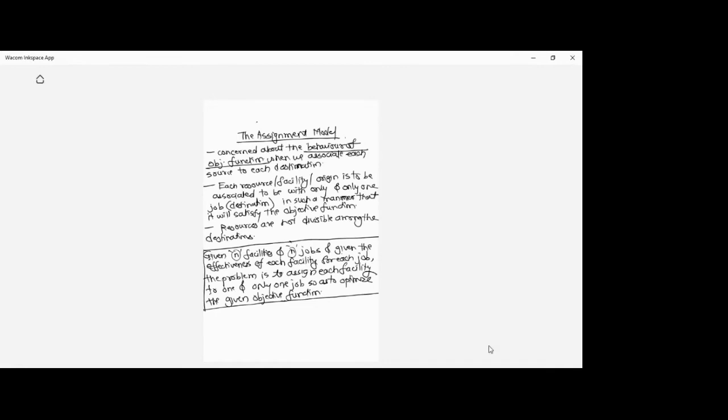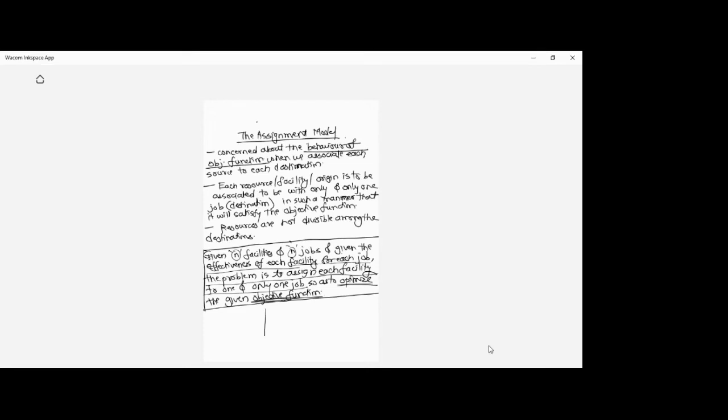So now we are going to have some extra information: the effectiveness of each facility for each job is known to us, and then only we can solve the problem. And what is the problem here? The problem here is to assign each facility to only one job, so that we optimize the given objective function. So this is very, very important, right?